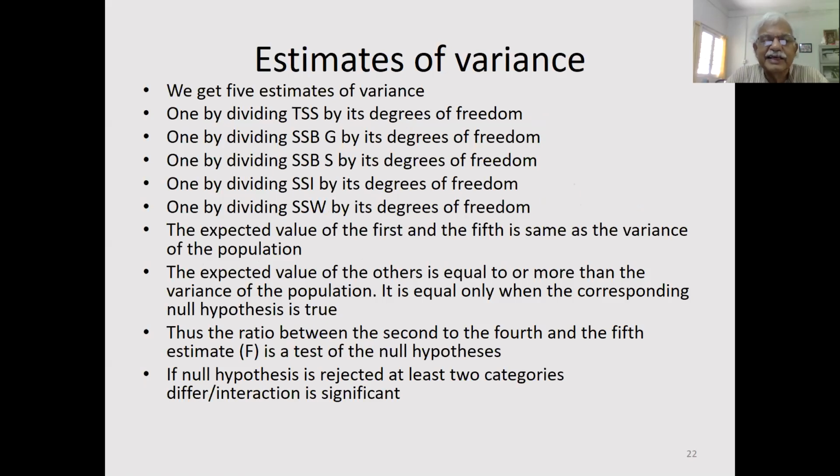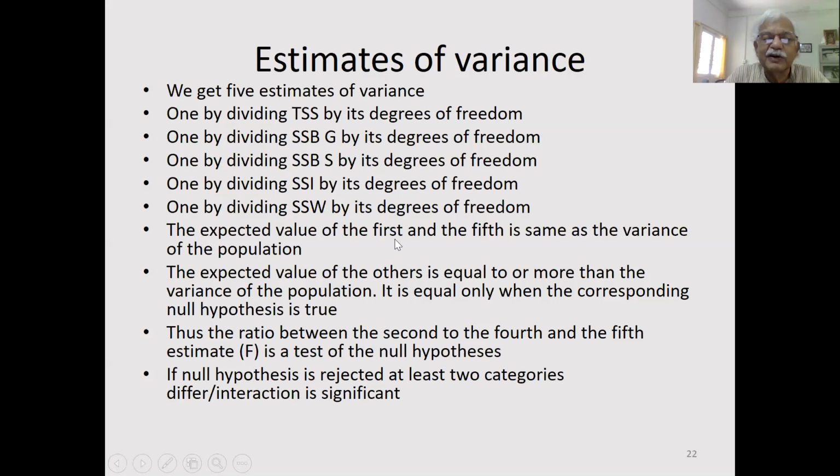So we get a number of estimates of variance of the population: one by dividing total sum of square by degrees of freedom, another by dividing sum of square between for one variable, then sum of square between for the other variable by its degrees of freedom, then sum of square for interaction by degrees of freedom, and then dividing sum of square within by its degrees of freedom.